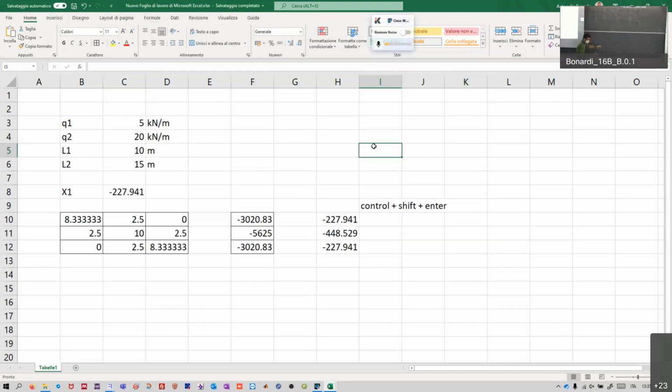Now, how to compute the vertical reactions? Well, that's very easy. We can apply the superposition principle. So we just solve first the structure without X1, X2, X3. Then we solve only X1. Then we solve only with X2. Then we solve only with X3.